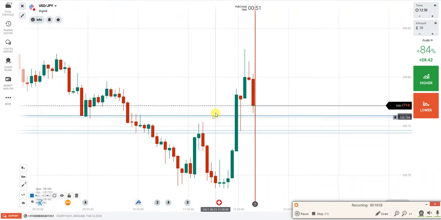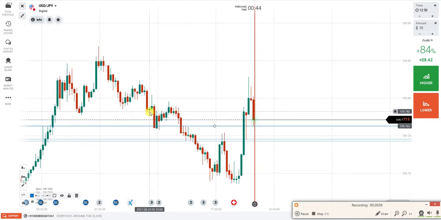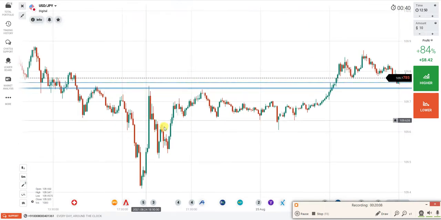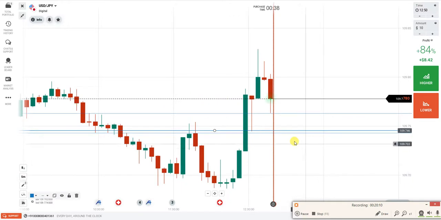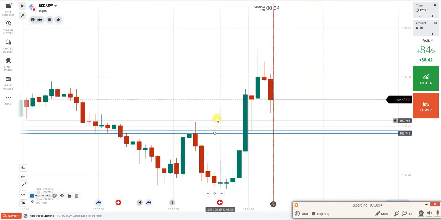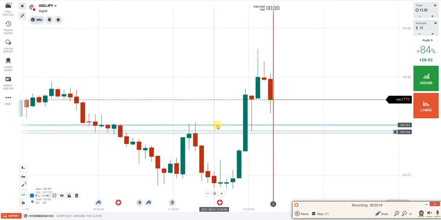And if it gives a rejection from this area, we need to check previous levels. I don't see anything. And the next round number is here, around this area.